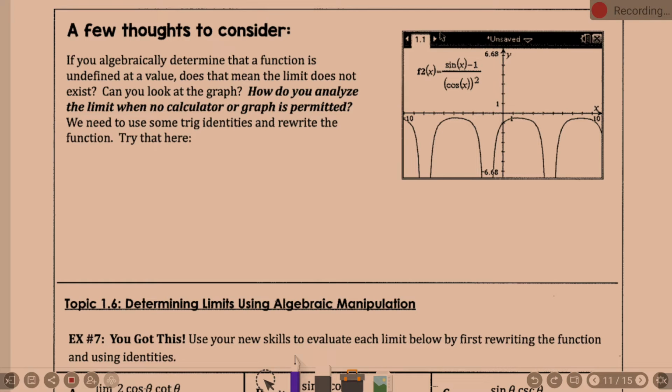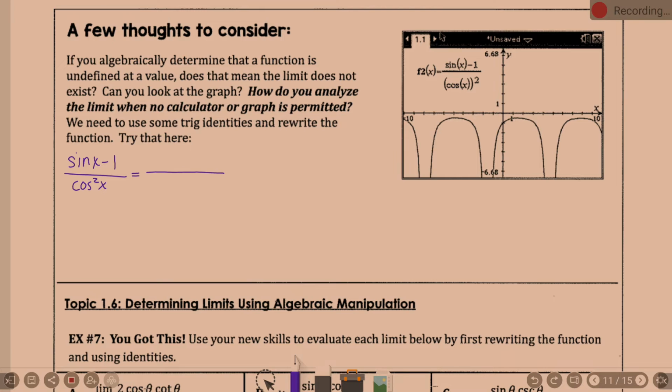So, trig identities. Right now, this is sine x minus 1 over cosine squared x. We had a trig identity that we used a ton last year from that purple paper. The sine squared plus cosine squared equals 1.